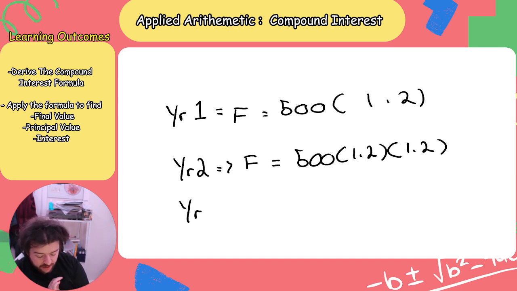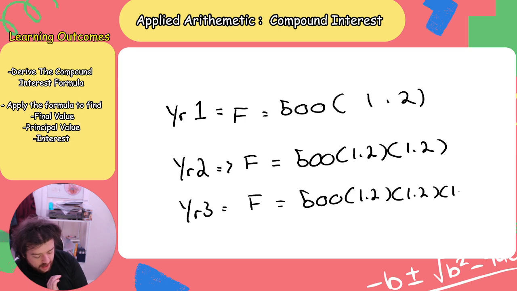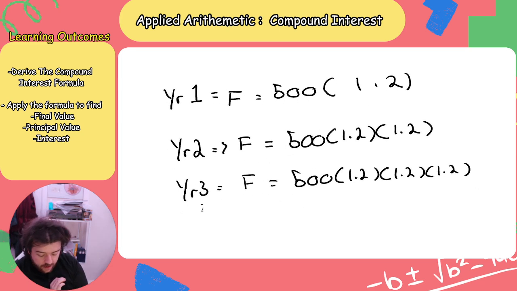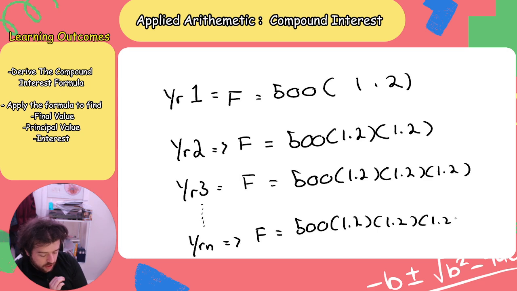The same goes for year three, right? My amount is going to be the previous amount, again increased by 20%. So we're starting to notice a pattern here, right? So if I go down to year N and I generalize it, I'm going to have 500 times 1.2 times 1.2 times 1.2 times 1.2.